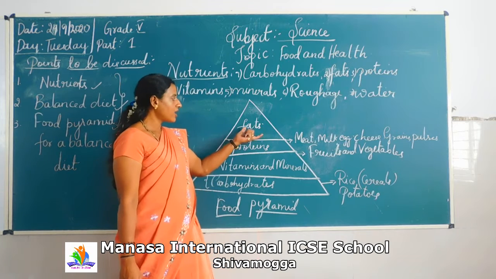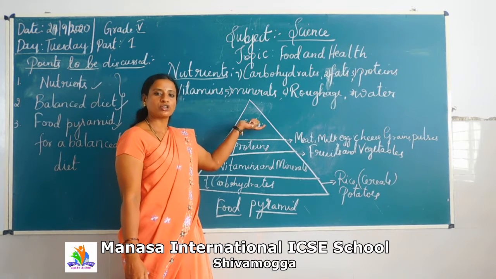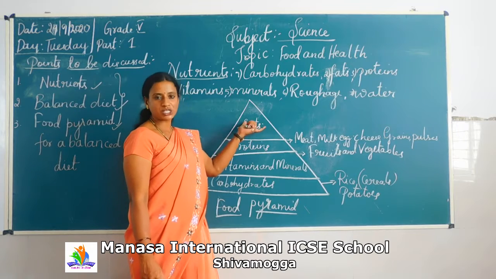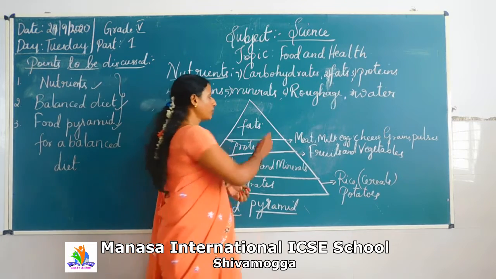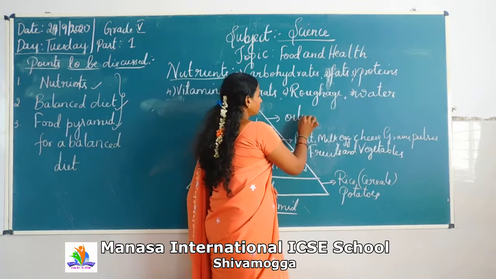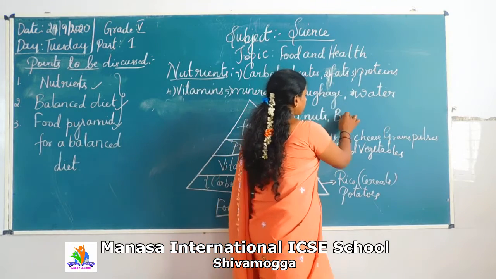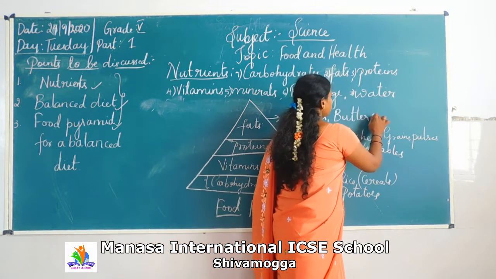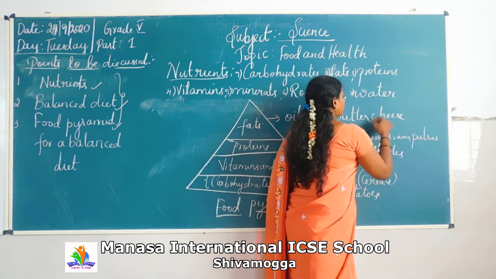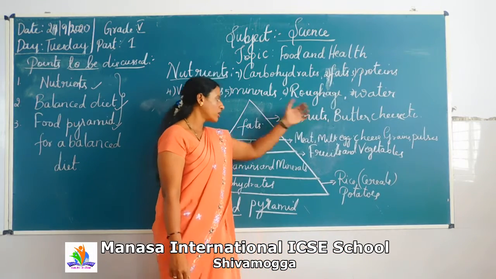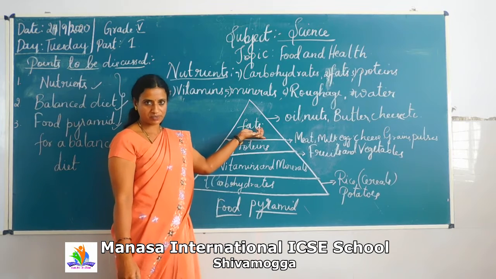And last, a very little amount of fat should be there in our daily diet. So what are these fats? What food items are they? It is oil, nuts, butter, cheese, etc. These are the food items which contain fats.